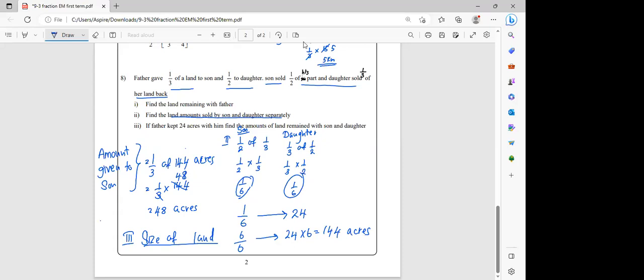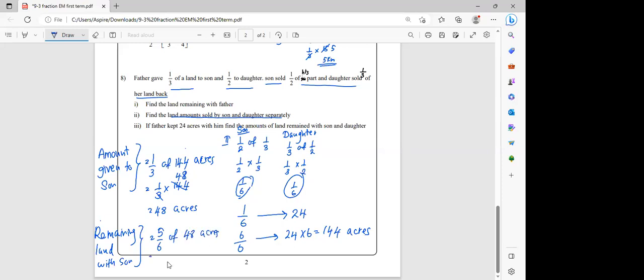Remaining land with the son is equal to 5 out of 6 of 48 acres.